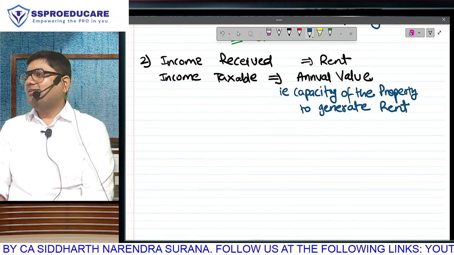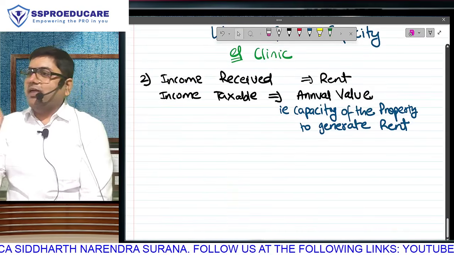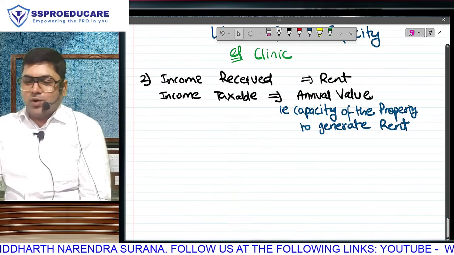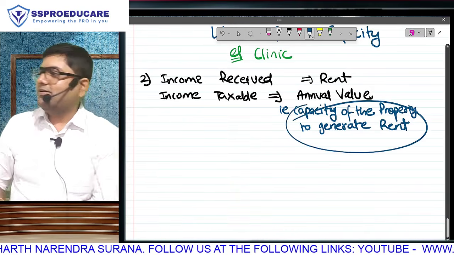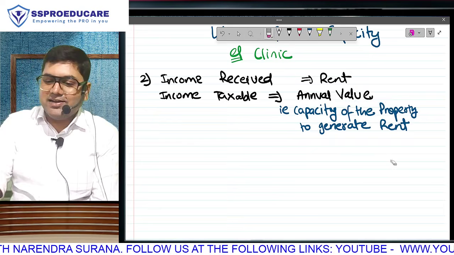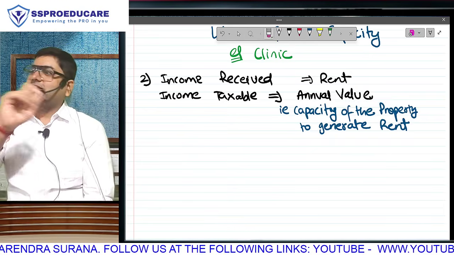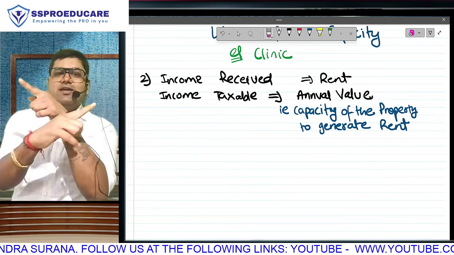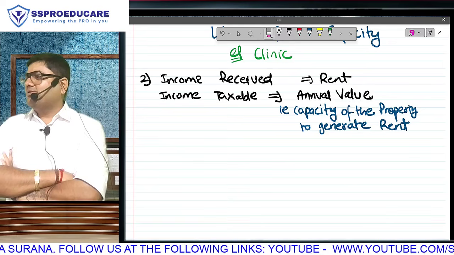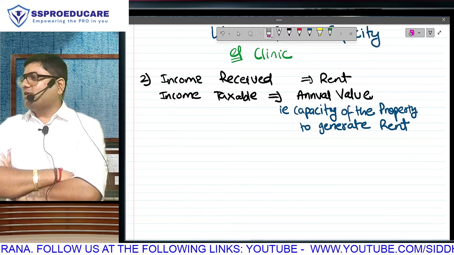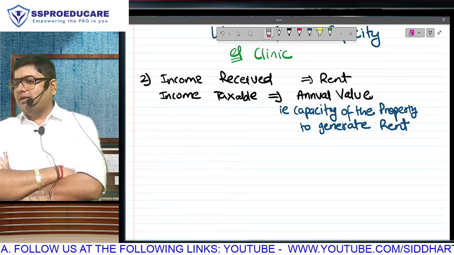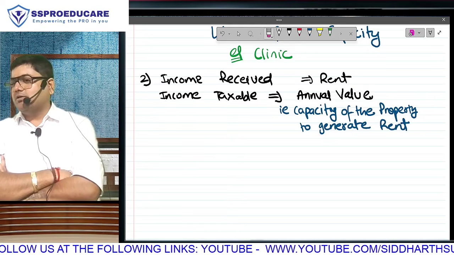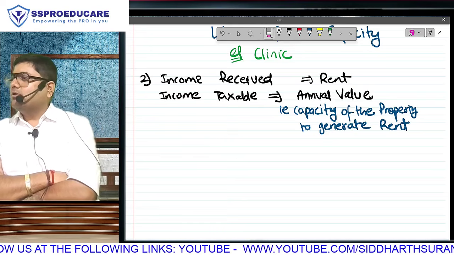Wait. If it were so that 85 is taxable income, then I would have said market rent. I am not saying market rent because income tax law is very smart. Supposing it was the other way around. Market rent is 45, but you get some stupid tenant, some NRI who has no idea about the rates here and is paying you 85.